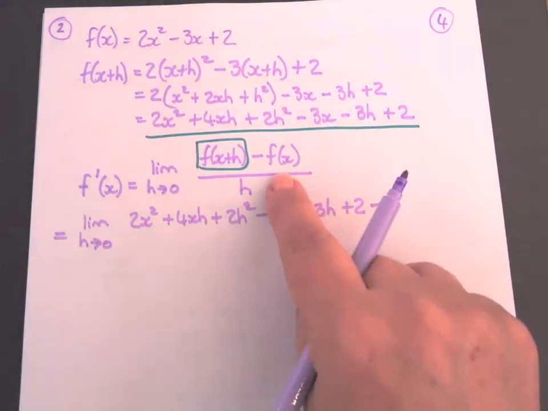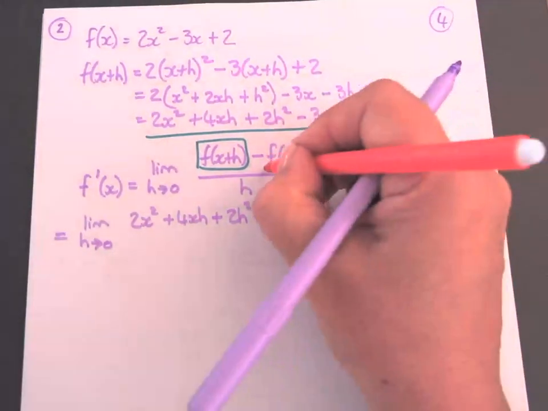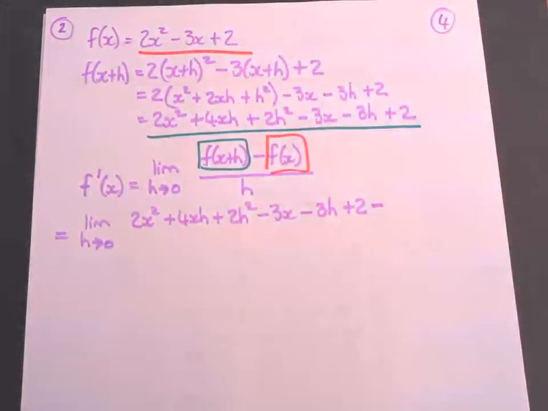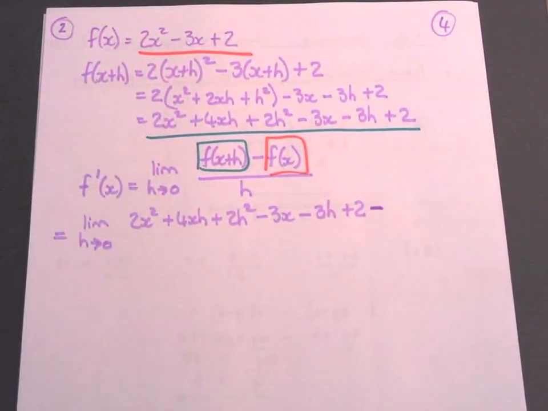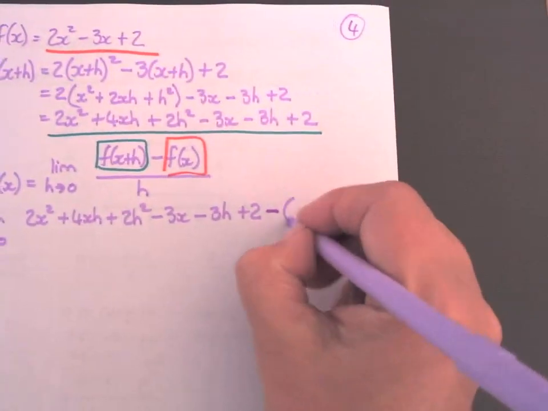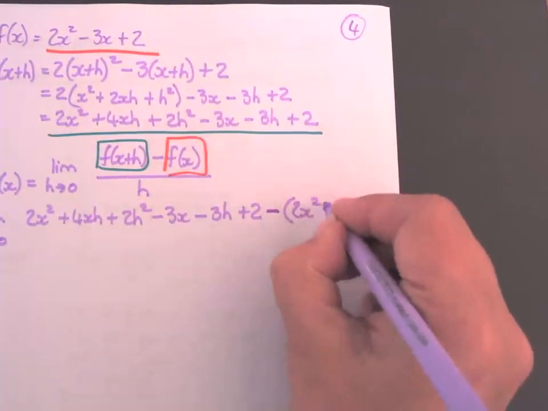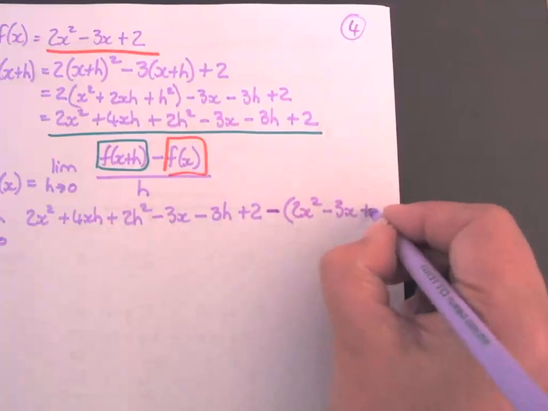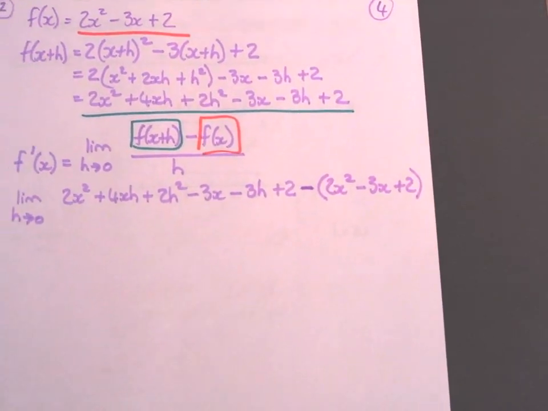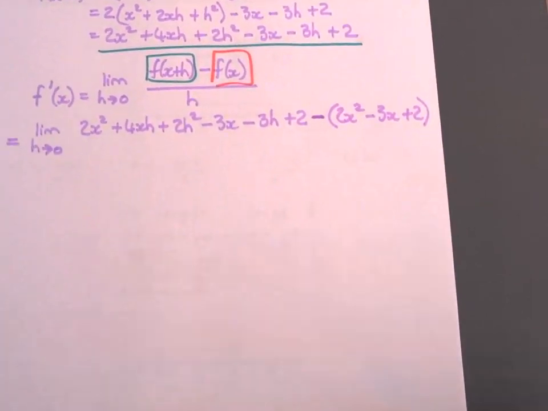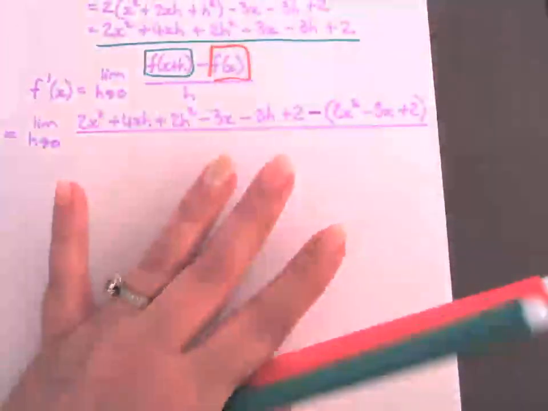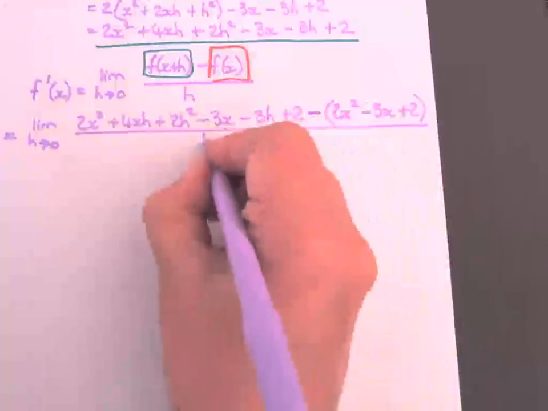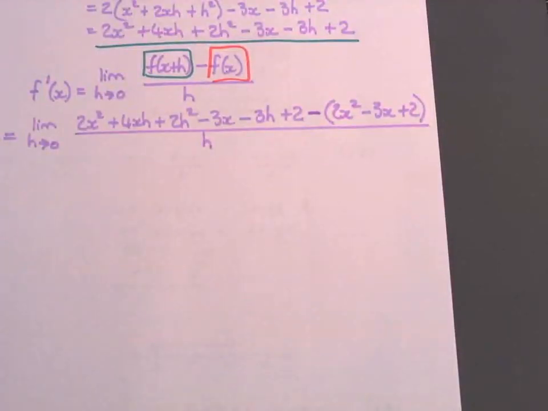And now I'm going to write f of x. That one. There's a minus, so I put the rest in brackets. 2x squared minus 3x plus 2 over h. Are there any like terms in the numerator?